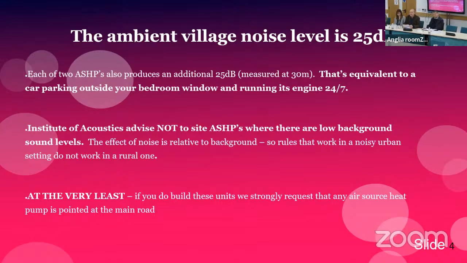And I'd say at the very minimum, if this is going to be built, any air source heat pumps want to point away from the current buildings towards the road, but we don't want them there at all. Now, the Institute of Acoustics professional guidance states that MCS noise assessment is no guarantee of avoiding significant adverse noise impacts, and summarized by saying, do not locate ASHPs in quieter locations, and we are a quieter location.